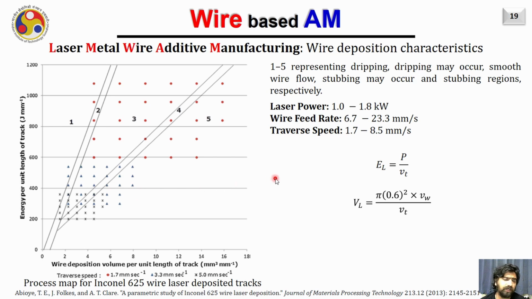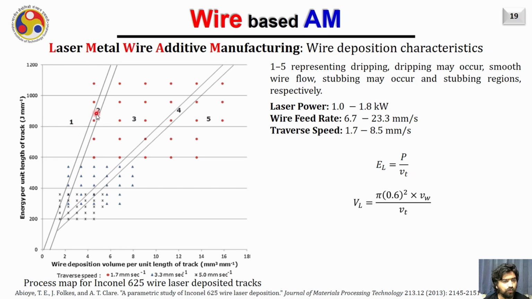After plotting the different combinations of EL and VL, the process map is defined, which clearly shows zone 1. If we select any parameter in this zone, it will give us the dripping or drop transfer.